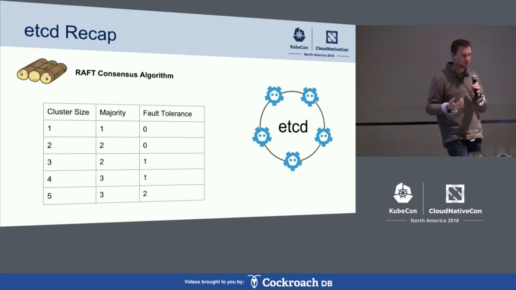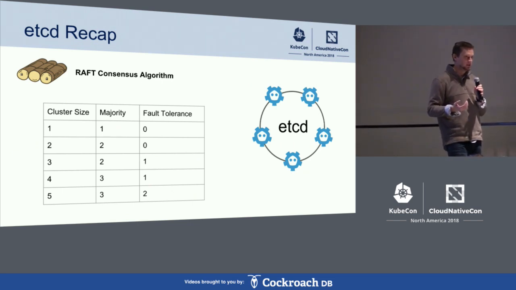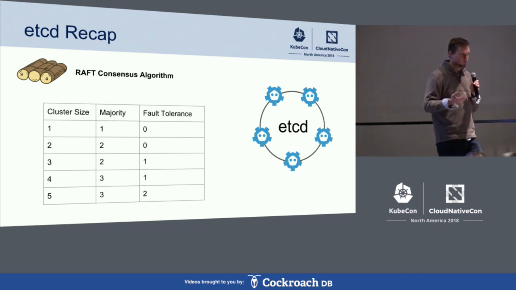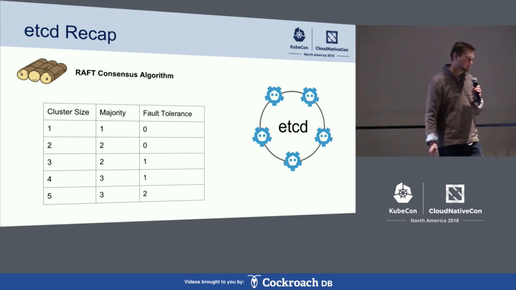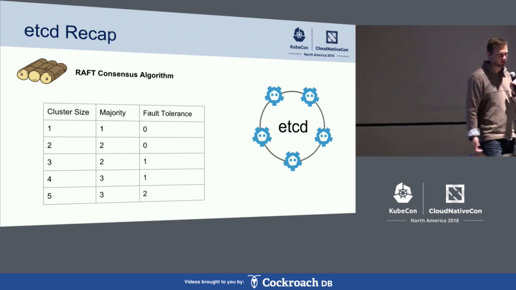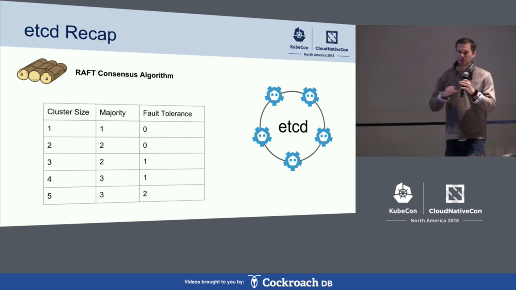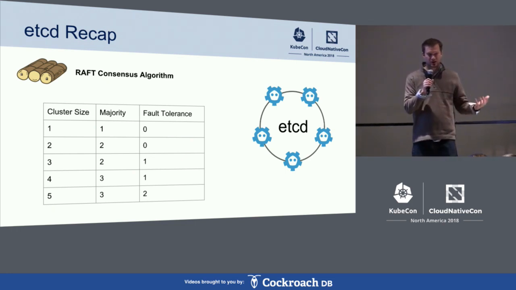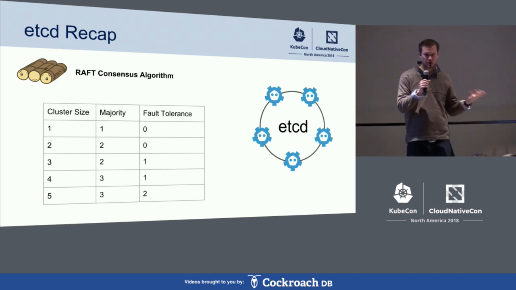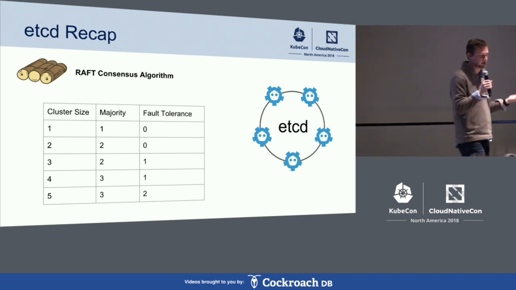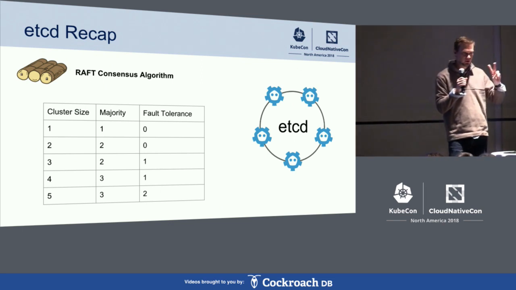And as long as 2 members can vote and agree on a leader, the system is available. One of those members could fail. It could be because it's been partitioned from the network or the machine has crashed, and the system will still continue to function. So 3 is a common number of members in an etcd cluster that you would run. The other most common number is 5, because now you've gotten up to a failure tolerance of 2.